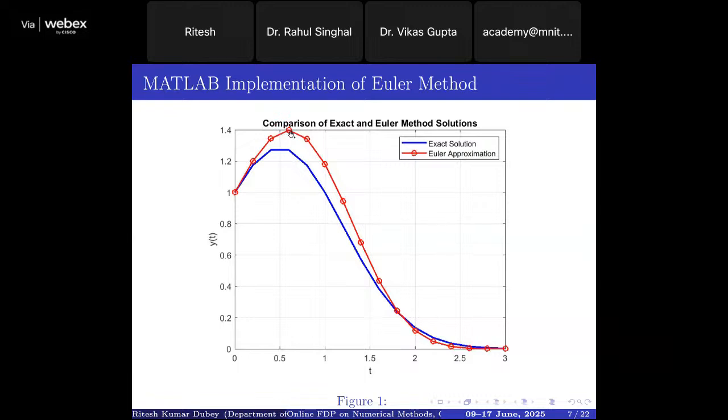Each circle denotes one instance of the variable t, and it is stored. If I count all these, the solution of my underlying problem will have this many elements in the vector. So we need to actually work in the discrete sense, in the sense of vectors and matrices. Nothing is there as a continuous thing.